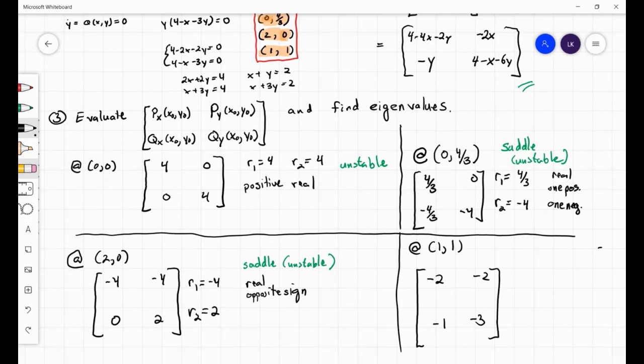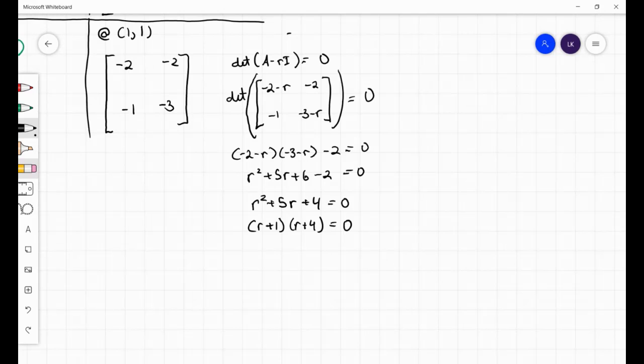And we look at our final equilibrium point, 1, 1. Evaluating our matrix there, we get a matrix which is not triangular, so we will go ahead and compute the characteristic polynomial and set it equal to 0 in order to solve for the eigenvalues of this matrix.